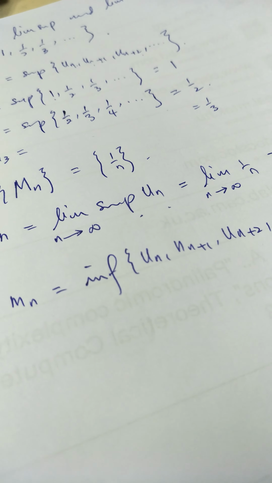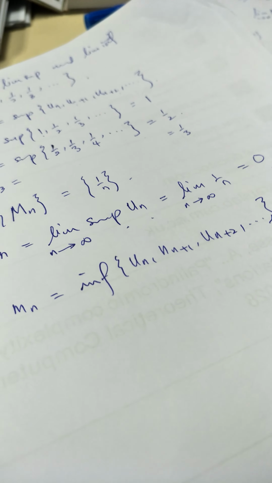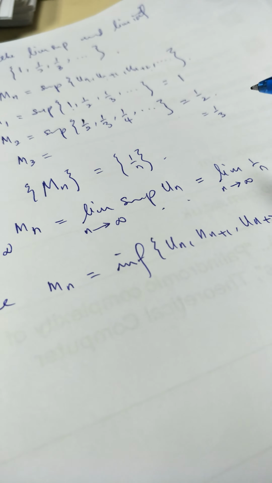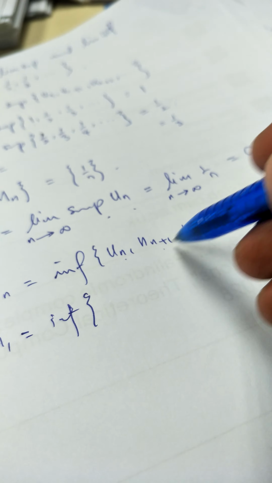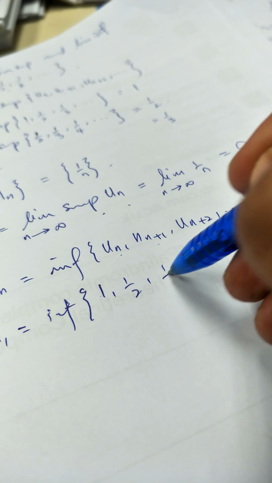Okay, we define that. Then from there, we can have m1, which is the infimum of u1, u2, u3, so we have 1 half, 1 over 3, and so on.